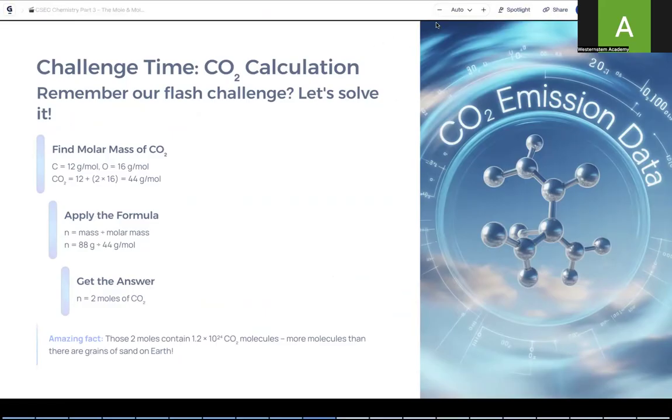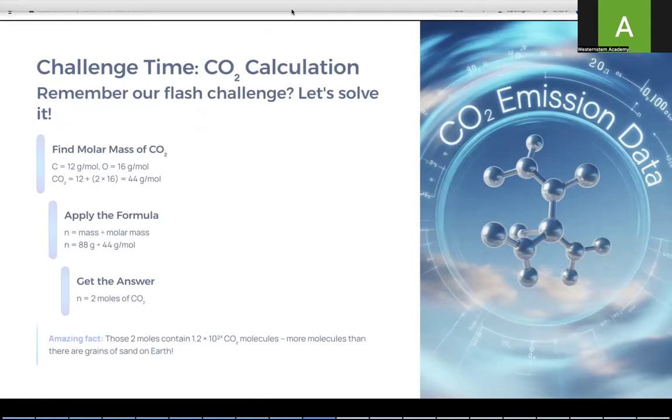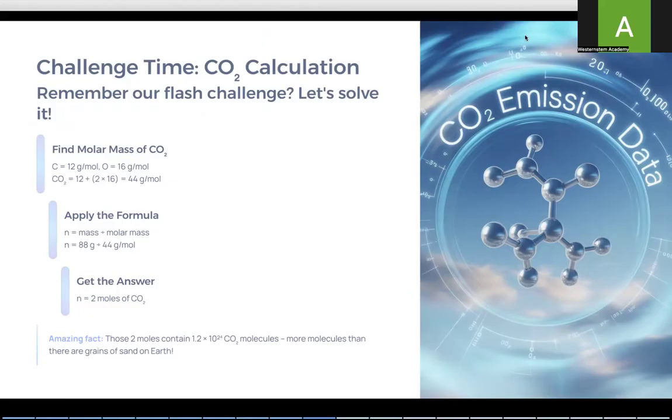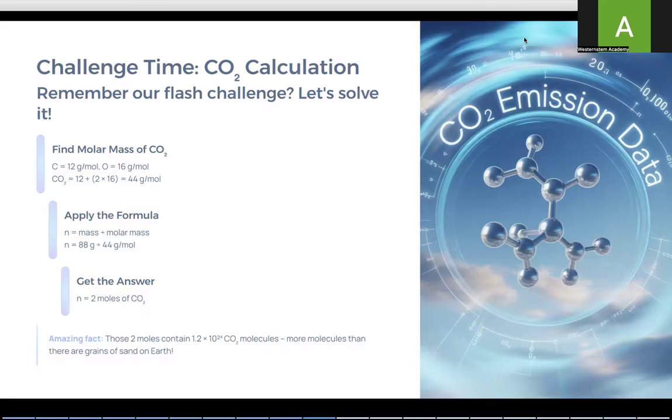Find the molar mass of CO2. Carbon is equal to 12 grams per mole. That's the molar mass of carbon. Molar mass of CO2, carbon 12 grams per mole, oxygen 16 grams per mole, right?